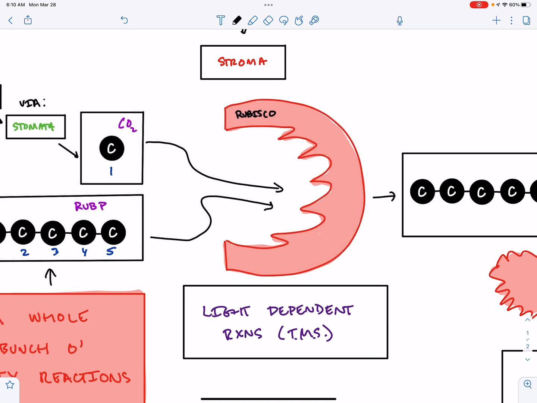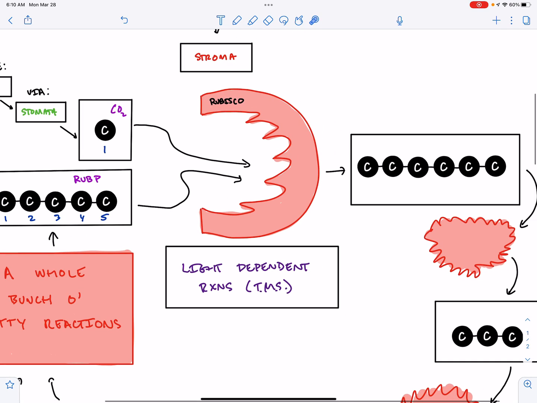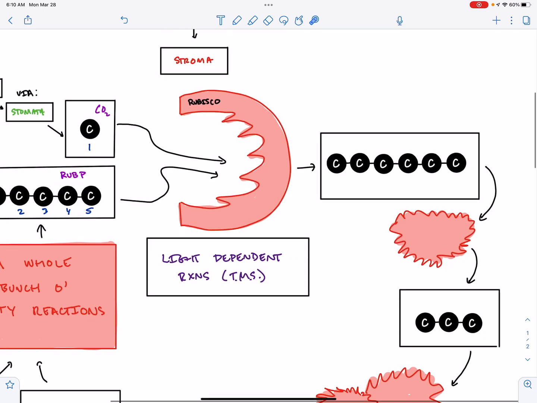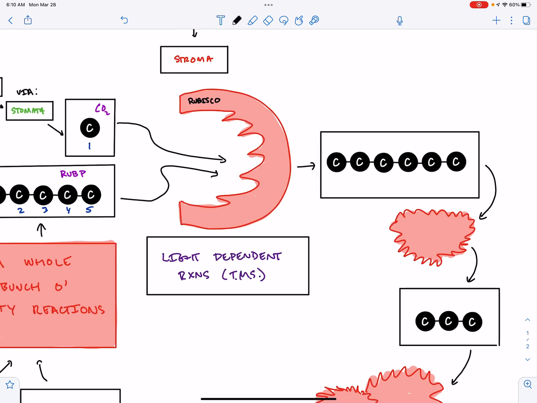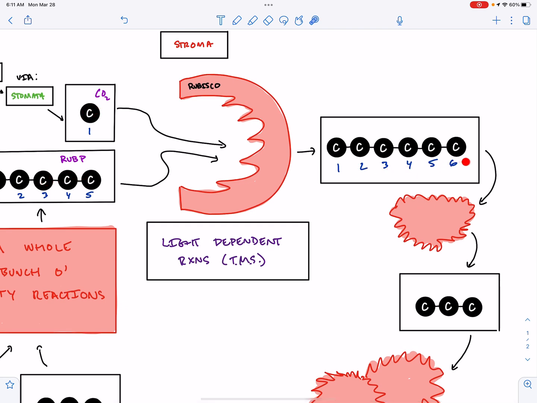Rubisco binds this RuBP and binds the CO2, and it smashes them together into a 6-carbon compound. We had 5 carbons, we added 1, we got a 6-carbon compound.